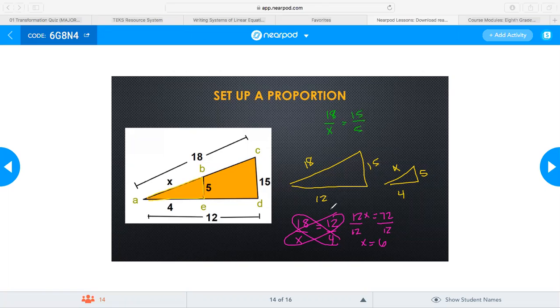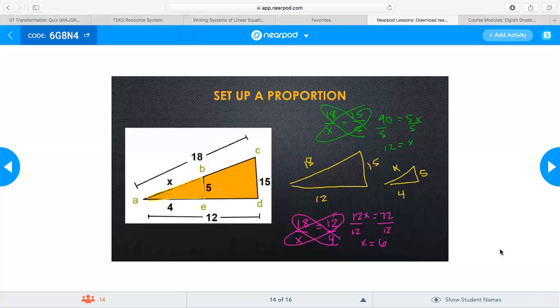Okay. We did 18 over x and 12 over 4. All right, cool. So 18 times 5, 90, and then equals 5x. Divide both sides by 5, x equals 12. Good job. Good, guys. Y'all just totally beasted this lesson.